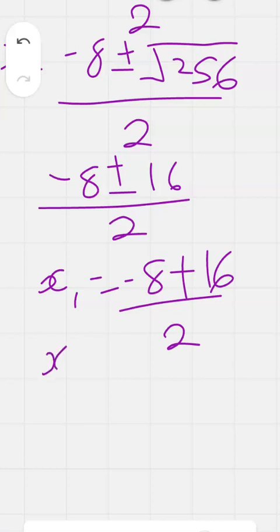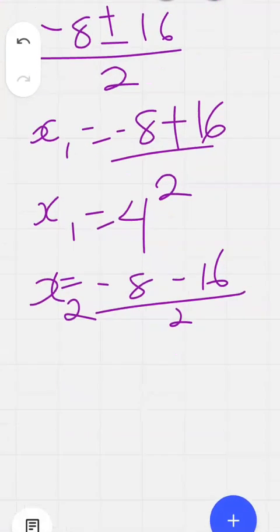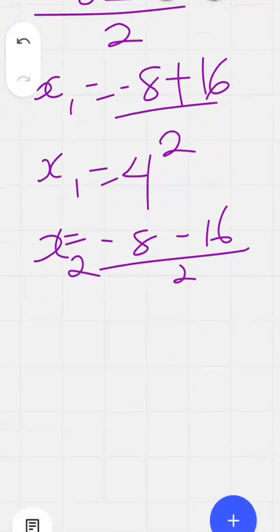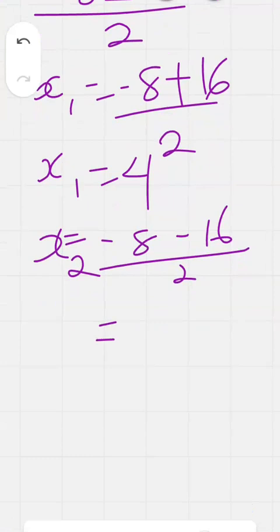So x1 is equivalent to 4. x2 will now be negative 8 minus 16 over 2, such that negative 8 minus 16 is negative 24 over 2.